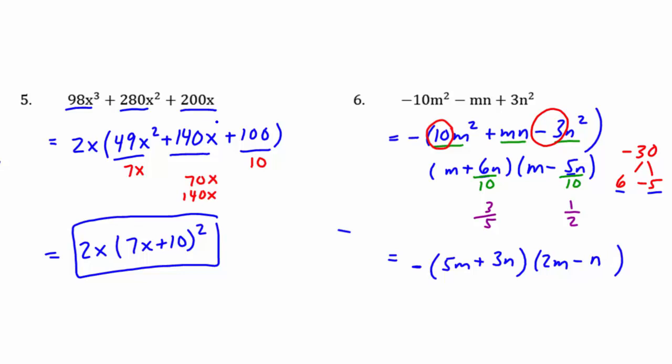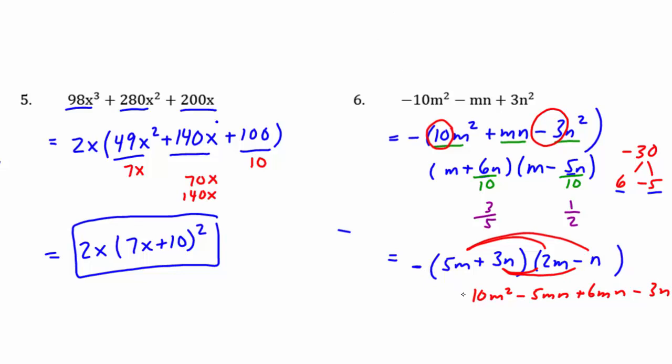I want to check my work on this one to make sure I'm right. And so see, 5m and 2m is 10m squared. 5m and negative, that's negative 5mn. We'll have a positive 6mn and a negative 3n squared. This negative will change all the signs.